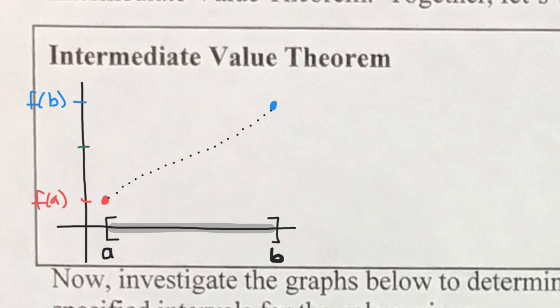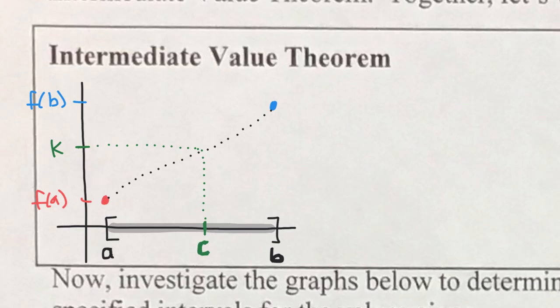The theorem says that there is a k value in here somewhere, in between your two y values, something in between f of a and f of b, that corresponds with some other x value down here. We're going to label that x value c.